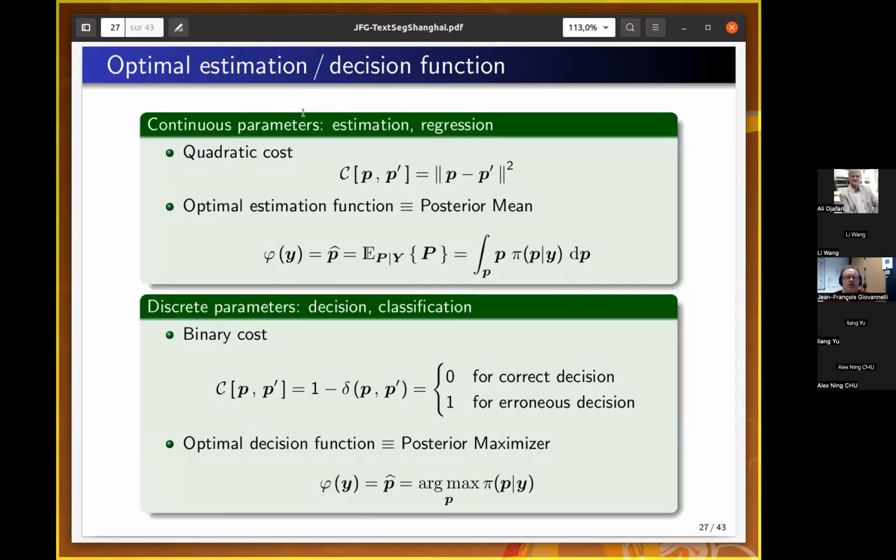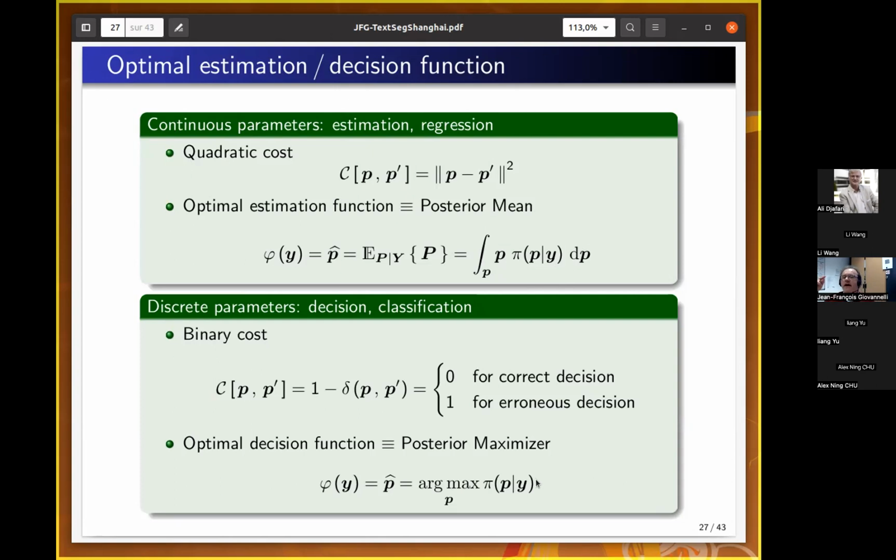Typically for an estimation or regression problem, I mean continuous parameters, if we select a quadratic cost, it is known the optimal estimation function is the posterior mean. And for decision or classification, for discrete parameters, and for a binary cost, I mean 0 if the decision is correct and 1 if I have an erroneous decision, then the optimal decision function is the posterior maximizer.